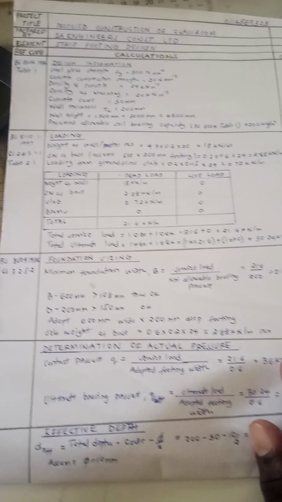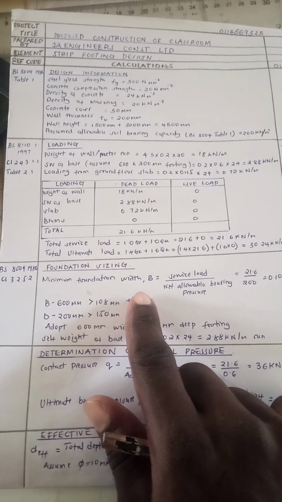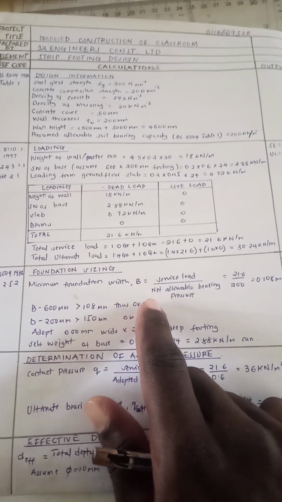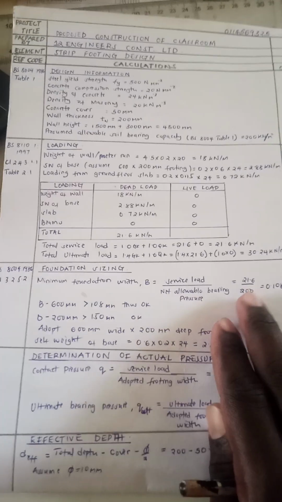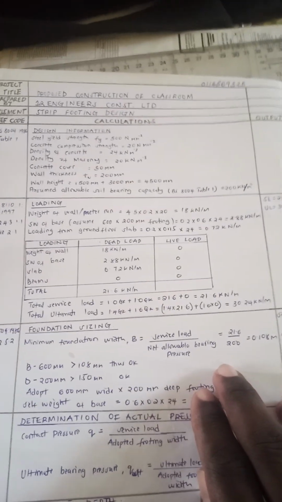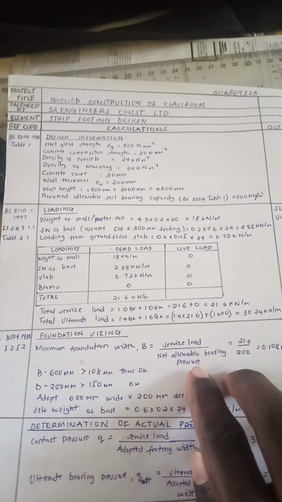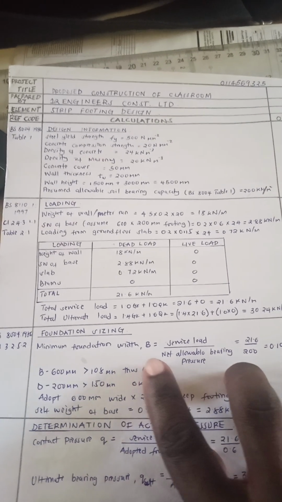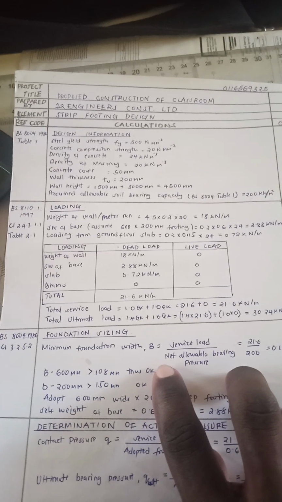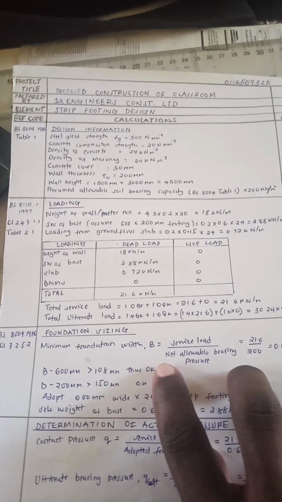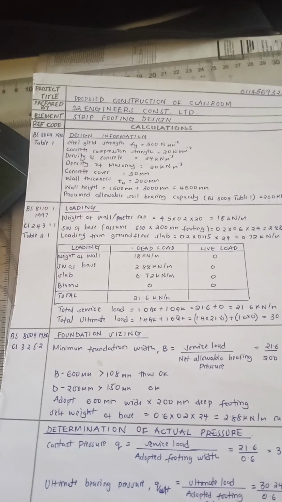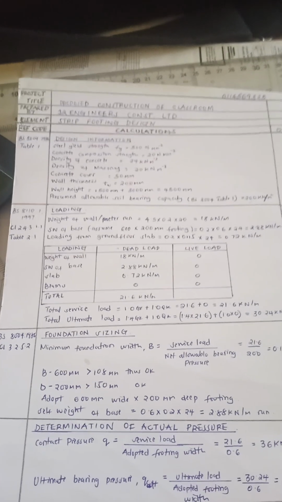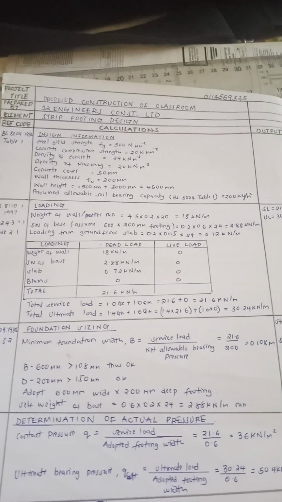at this point we did minimum foundation width B using the formula service load over net allowable bearing pressure. So remember in pad footing, this formula here would give you the minimum area, that is the plan area.